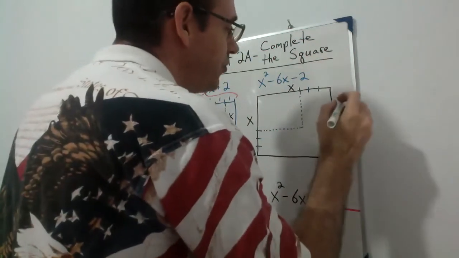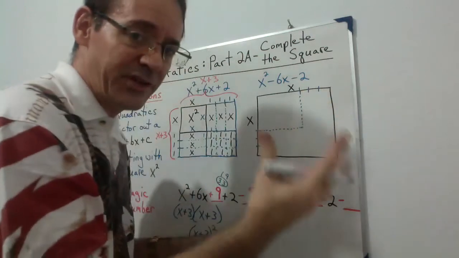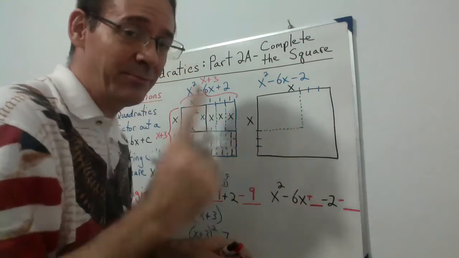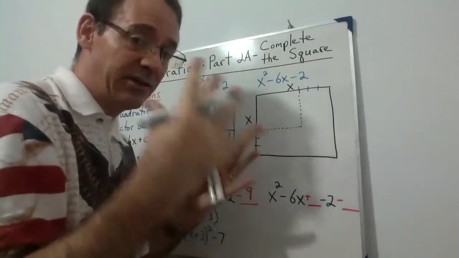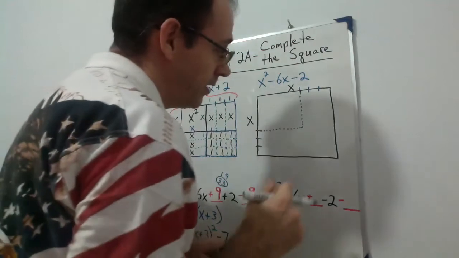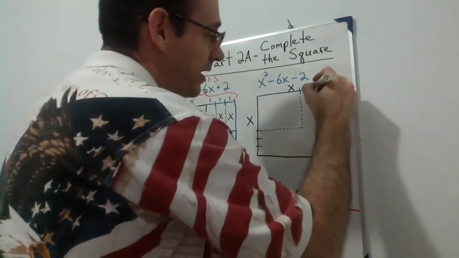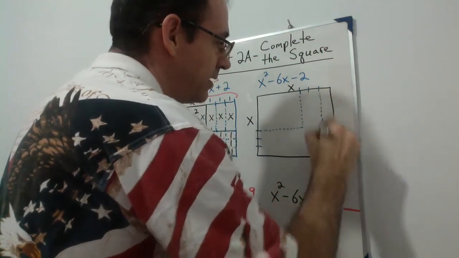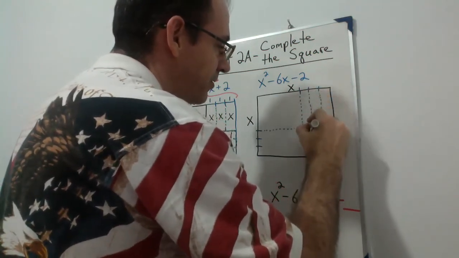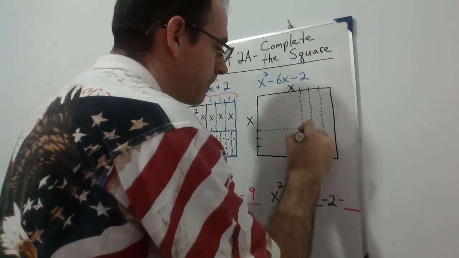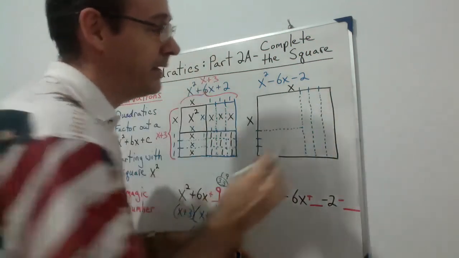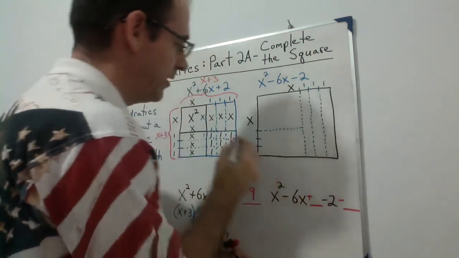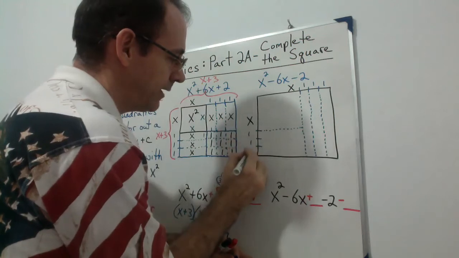To do that, you actually have several choices here. There's actually 3 different ways you can do it. I'm just going to show you one so that you get the idea of the concept. So one thing that you can do is you can take these lines all the way down the full length of the square here. Okay? That means we've taken a width of 1, 1, and 1, and a width of 1, 1, and 1.